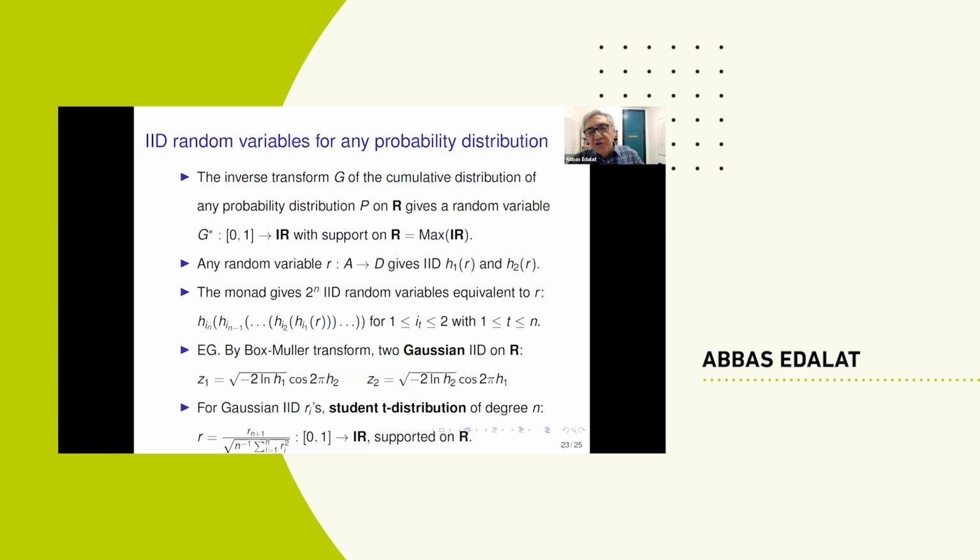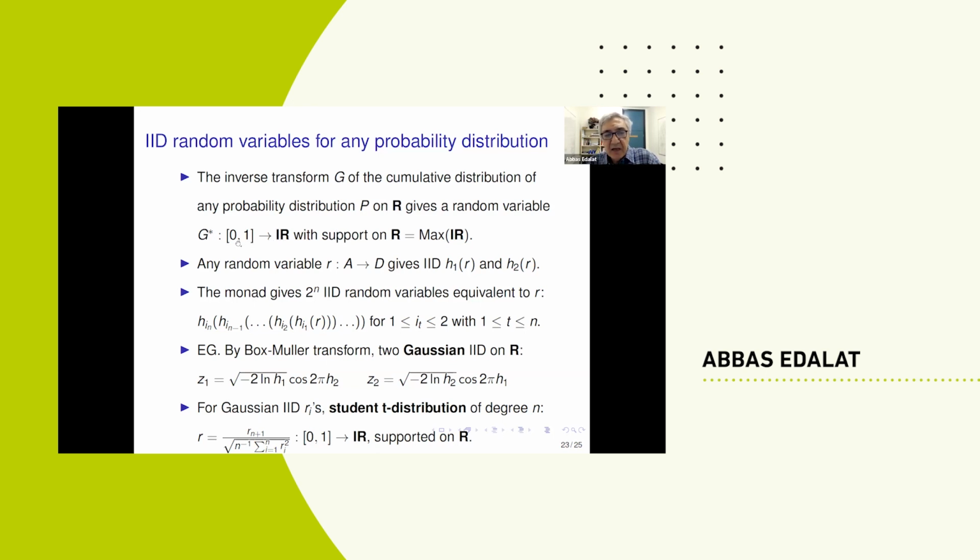That is quite remarkable. So first of all, if you have any probability distribution P on the real line R, and if you take the cumulative distribution of this probability distribution using the inverse transform constructor, G, we will get a map which takes the unit interval 0, 1 to the domain of intervals.